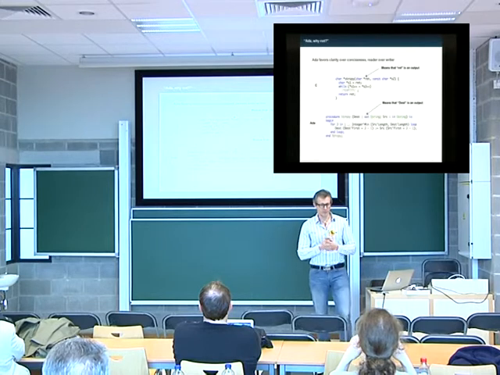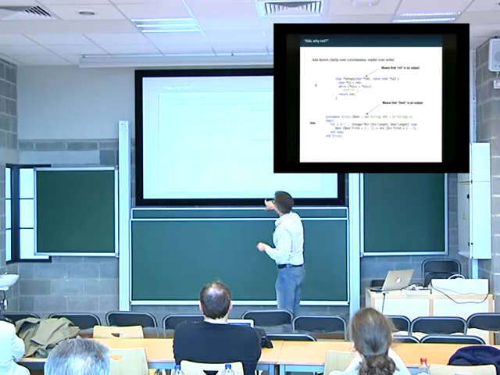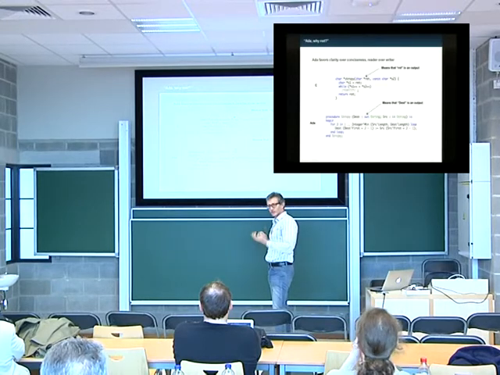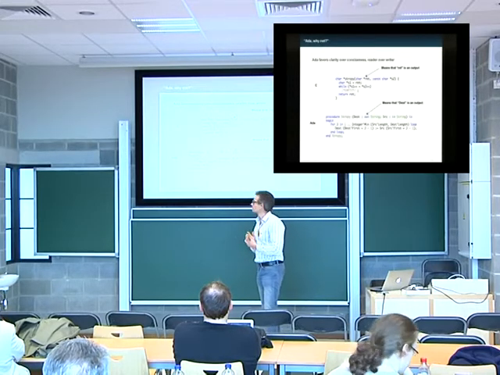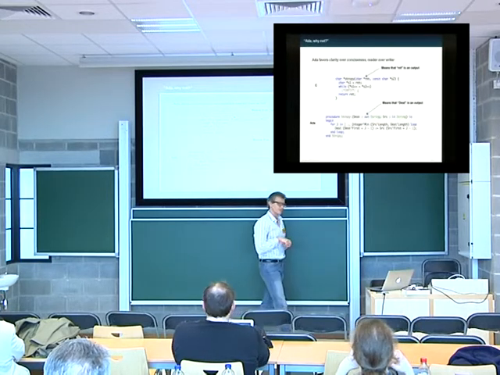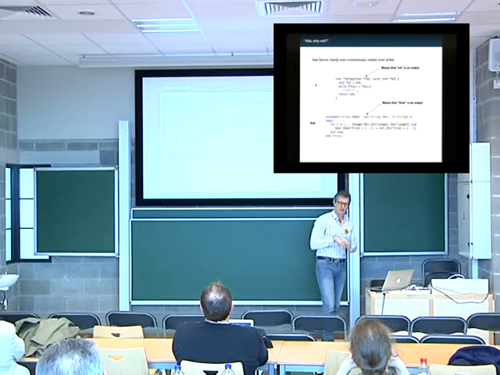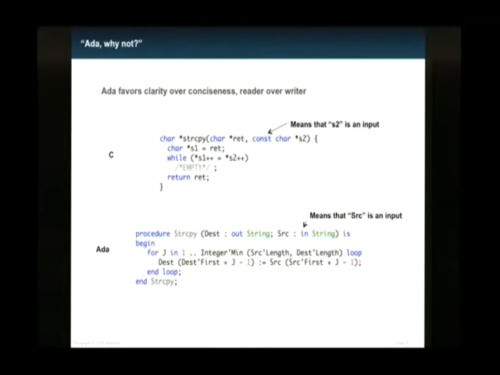You know that the value of it before the call doesn't matter. If you put a star in C, it doesn't mean that's an out value. It means it's something that you can modify, but you can also read. So it's not as precise as you would like. Same thing for input variables.